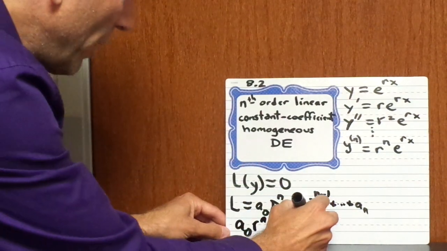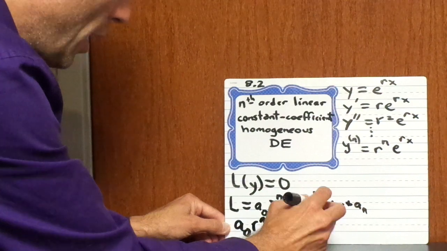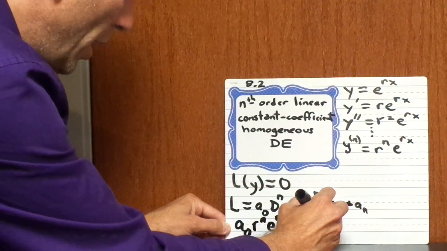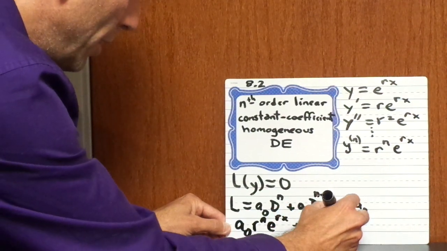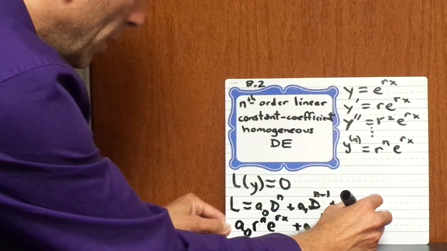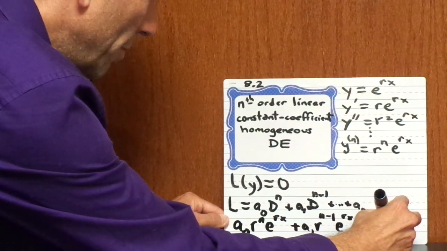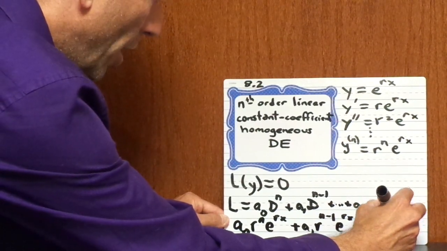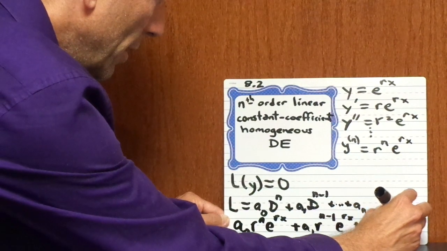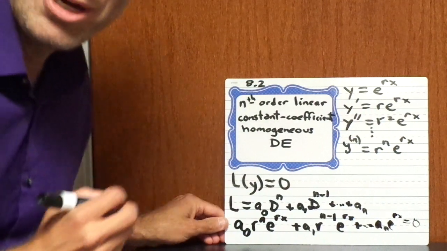The next term, we have a1 times the n minus 1 derivatives of e to the rx, and so on. The last term at the far side is just a sub n times e to the rx. All of that is set equal to 0.